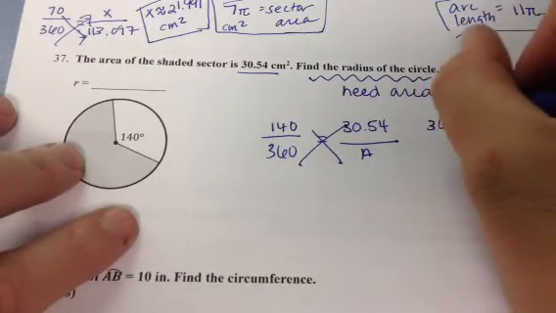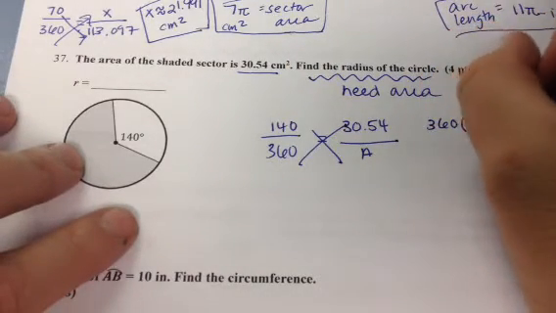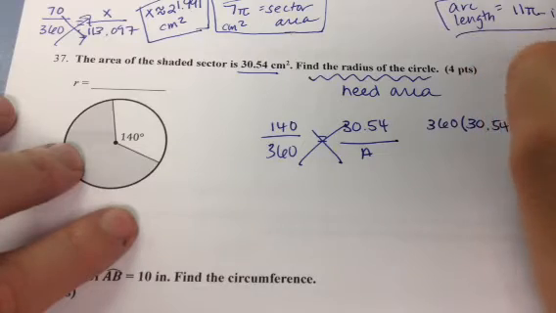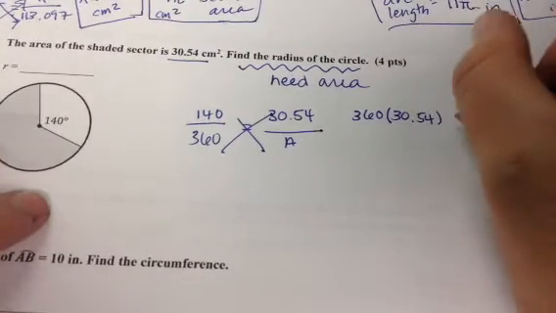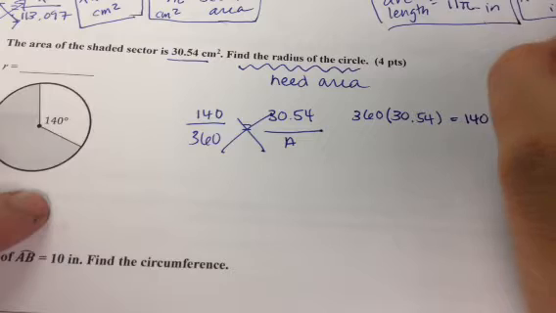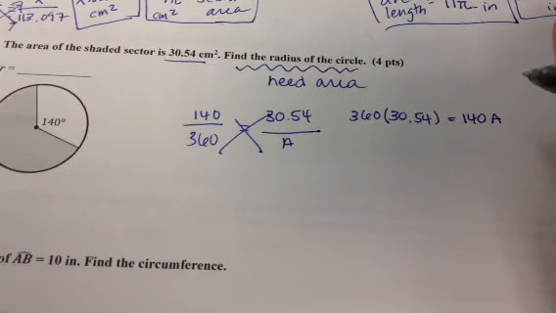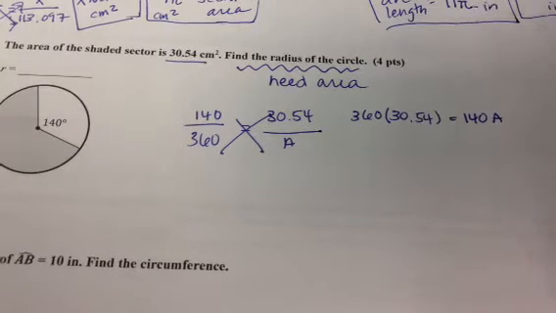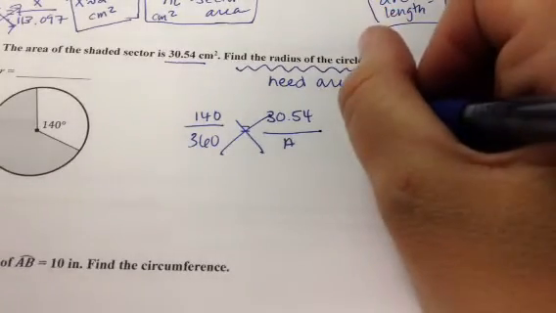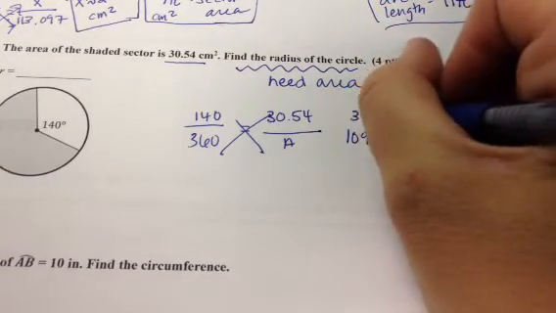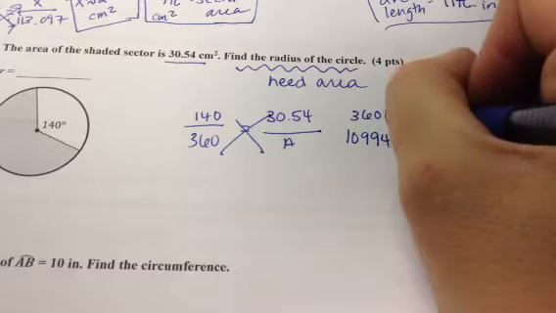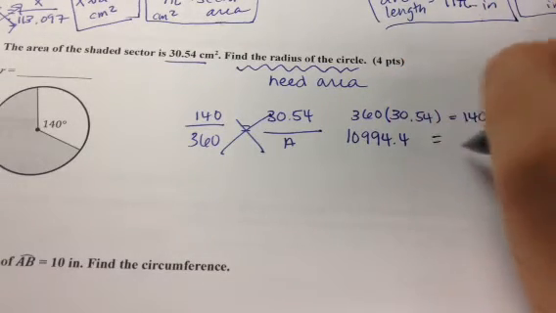We're going to do 360 times 30.54, and we'll set that equal to 140 times the area of the circle. So 360 times 30.54. Sorry, I'm doing this off screen in my calculator. When I do that, I get 10,994.4 is equal to 140 times the area.